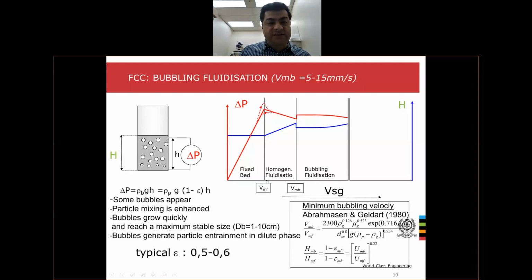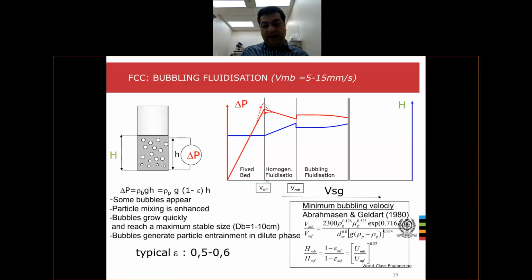At this velocity, you start to observe bubbles in the reactor. If you follow delta P, you see that delta P at UMB increases a little bit, but then it starts to be almost a plateau. The bed height is also almost a plateau, with a very slight increase.